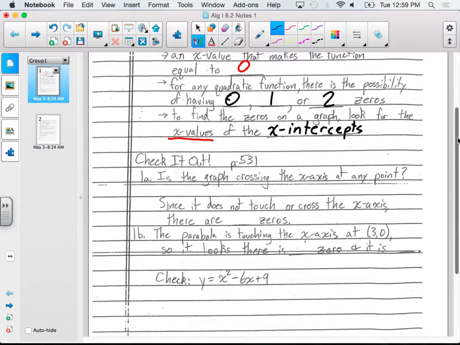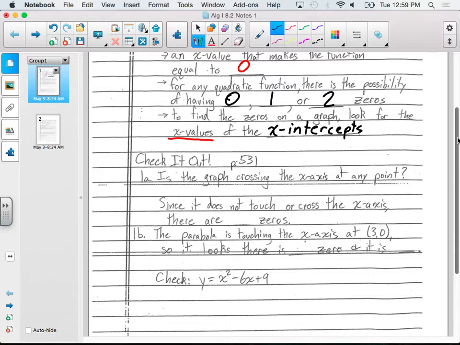All right, now everyone open your books to page 531. We are going to be doing the 2 Check It Out problems on the bottom of there.